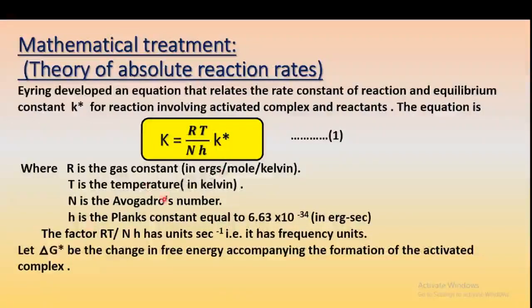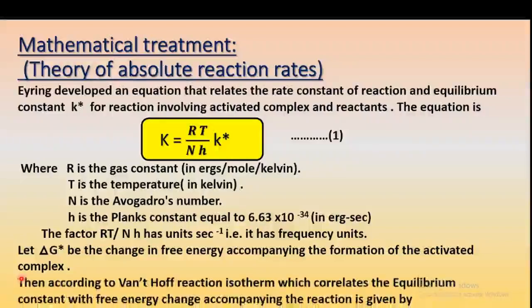Let delta G star be the change in free energy accompanying the formation of activated complex. We know that delta G is the change in Gibbs free energy. But if we write the asterisk sign, delta G star, it is the change in free energy accompanying the formation of activated complex.